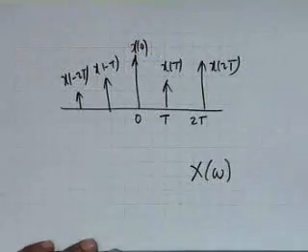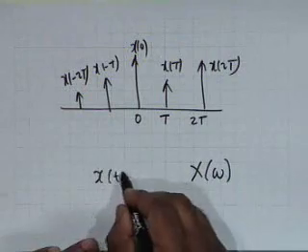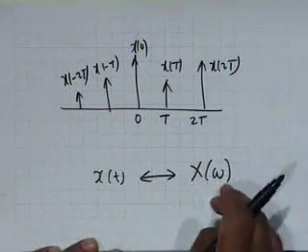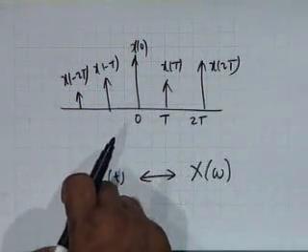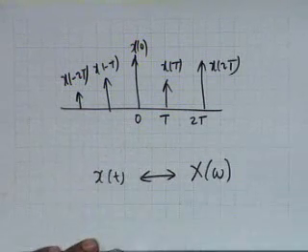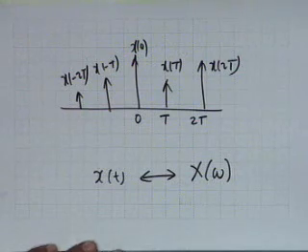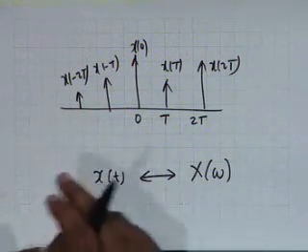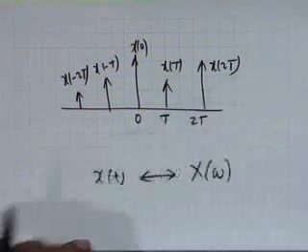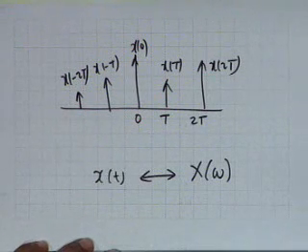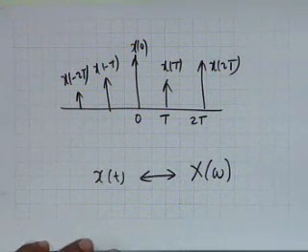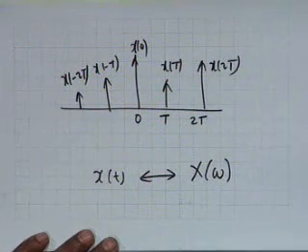If the spectrum is intact, that is, if X of omega is not changed, naturally x of t has also to be unique, because the Fourier transform and the inverse Fourier transform offer a one-to-one relationship, and therefore the answer shall also be unique, provided you have paid regard to the sampling theorem. That is, you have chosen the sampling frequency accurately.